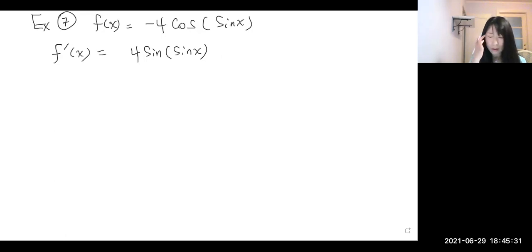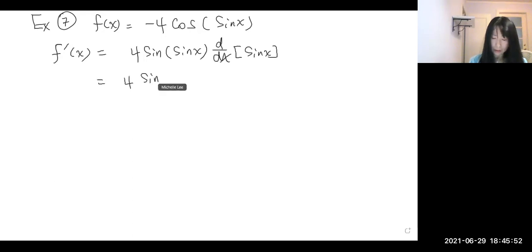Then the derivative, composite function, chain rule. So inside is sine x. Okay. And what do you get for this one? Sine x. 4 sine of sine x.